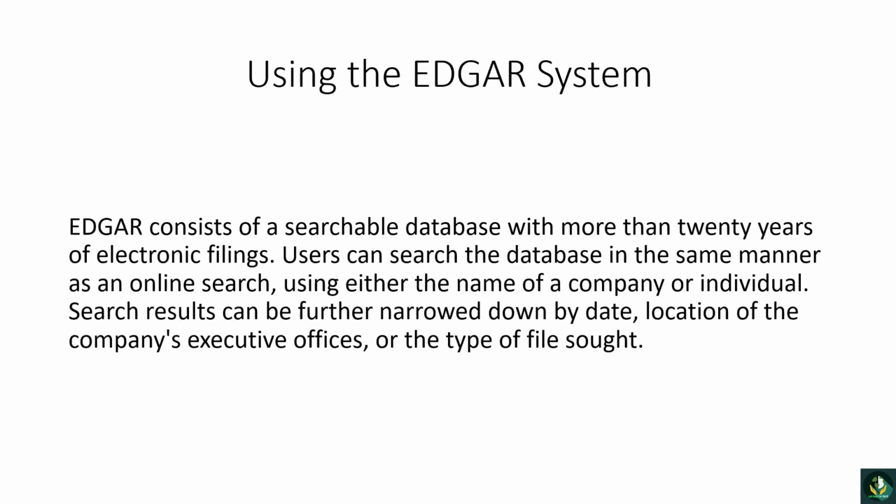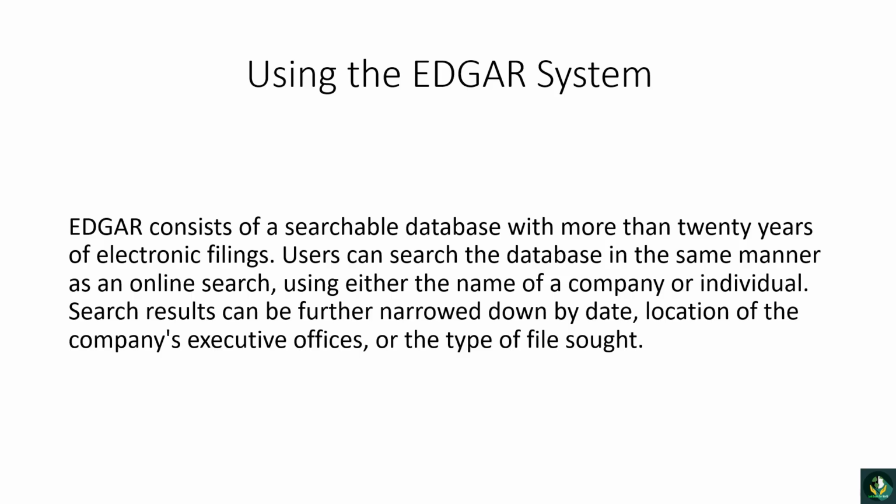Using the EDGAR system. EDGAR consists of a searchable database with more than 20 years of electronic filings. Users can search the database in the same manner as an online search, using either the name of the company or an individual. Search results can be narrowed down by the date, location of the company's executive offices, or the types of files that were sought.